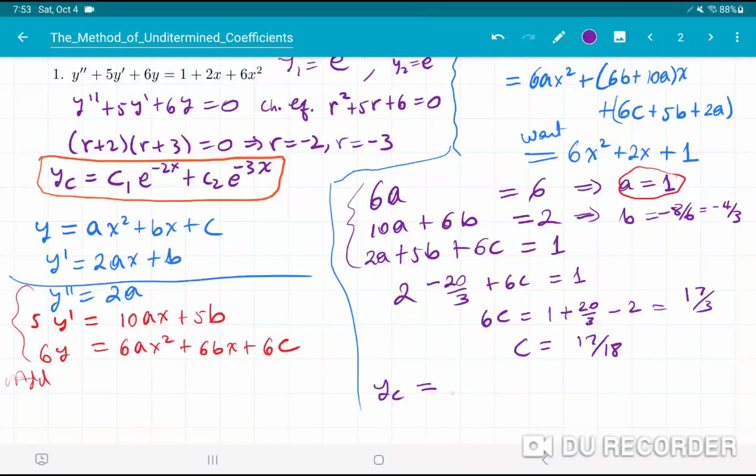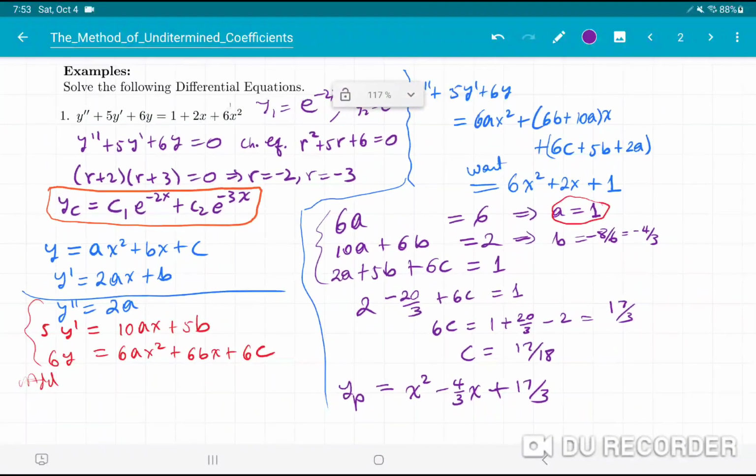So our yp, a particular solution, looks like ax squared plus bx plus c. We wanted yp, a particular solution to this differential equation, and we found one.